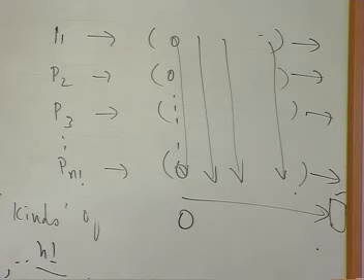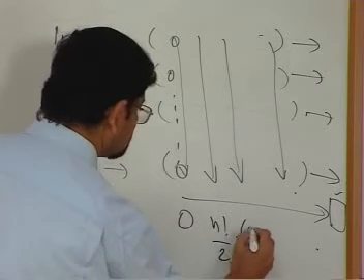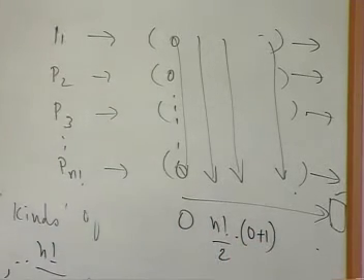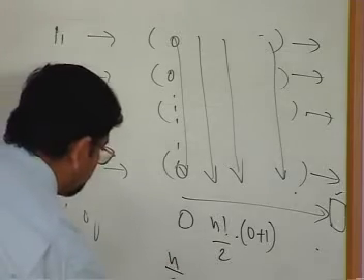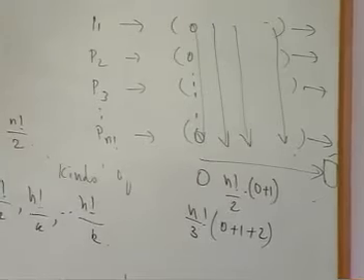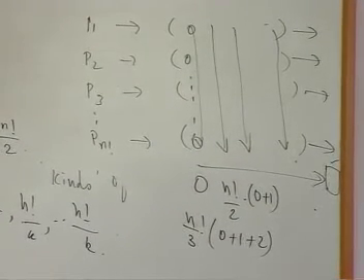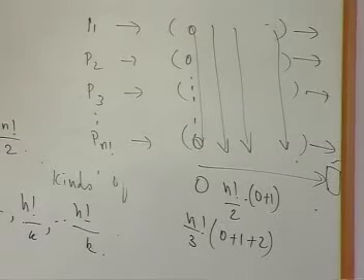And what about my column 2? It will have zeros and ones, but how many zeros and how many ones will be there? Factorial n by 2 zeros and factorial n by 2 ones. So it will be factorial n by 2 into 0 plus 1. And what about my column 3? Column 3 will have 0, 1 or 2, but factorial n by 3 zeros, so many ones and so many 2's will be there. Therefore, if you look at the kth column, how many items will be there?